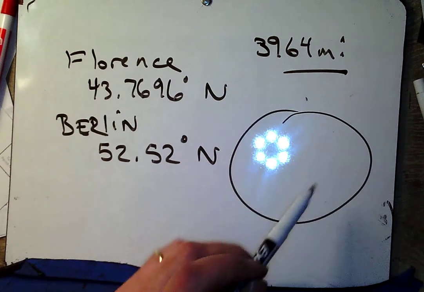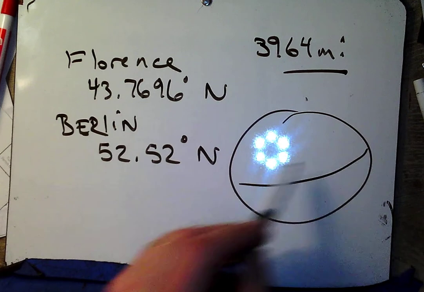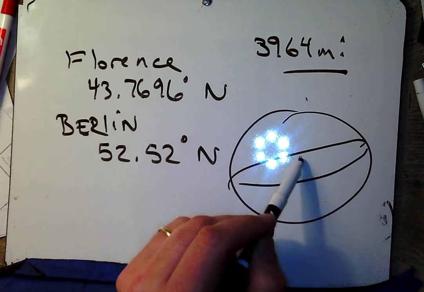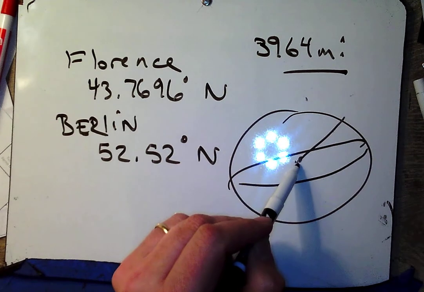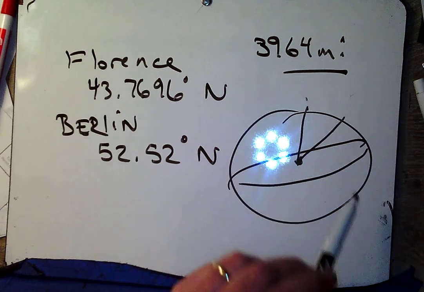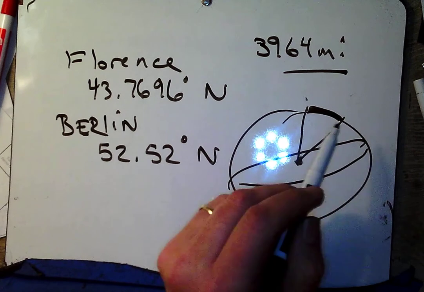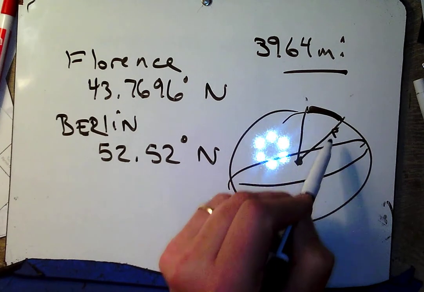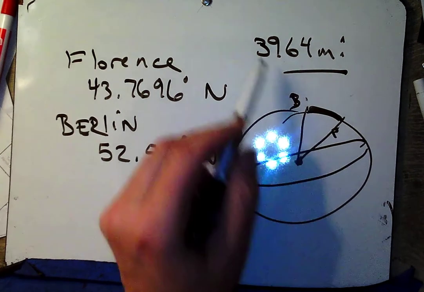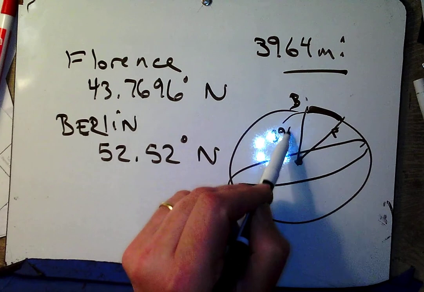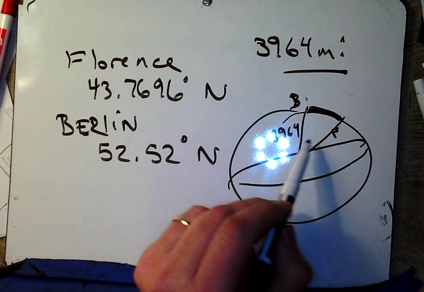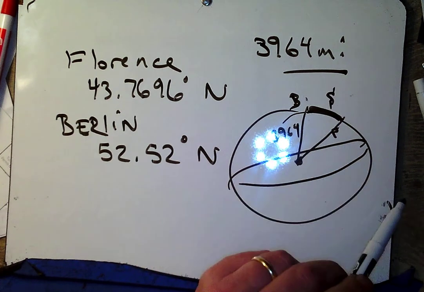Well, remember, what we're thinking about here is this distance. Okay, so here's Florence, and here's Berlin. We know the radius of the Earth, and we're looking for that distance.